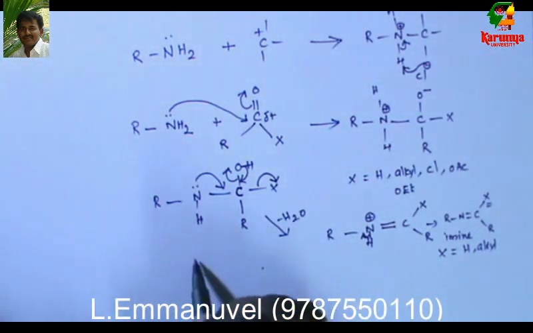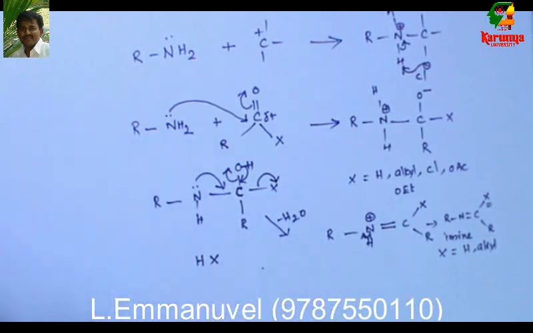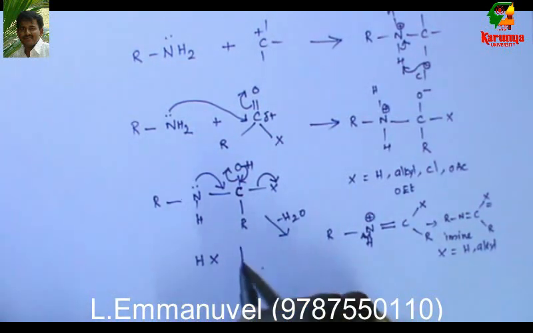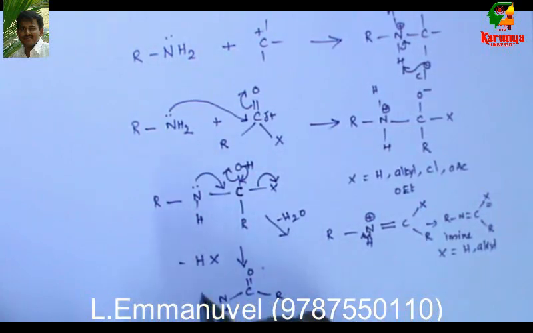So what we get is HX. So we may get HCl or acetic acid or ethanol. So the product, whatever we get, will be amide.